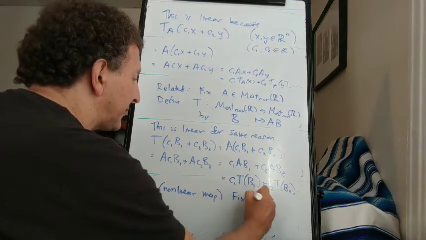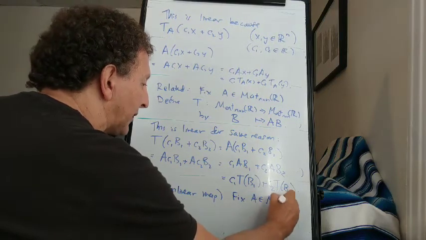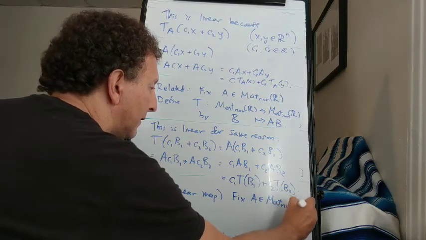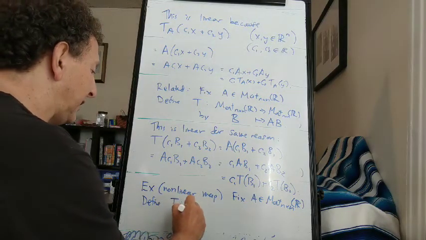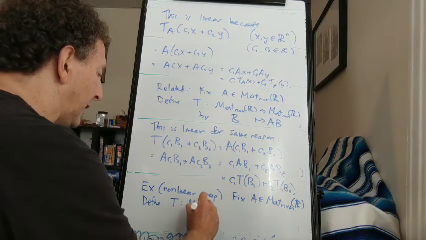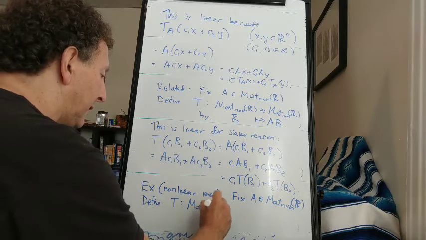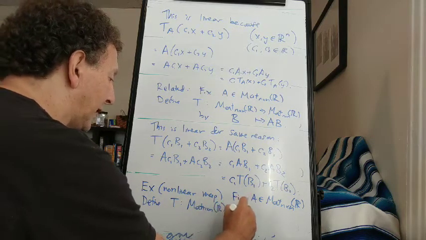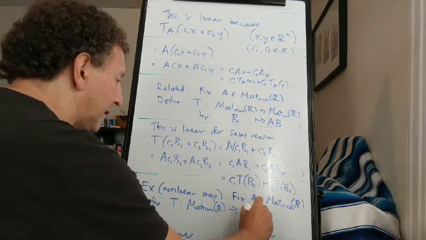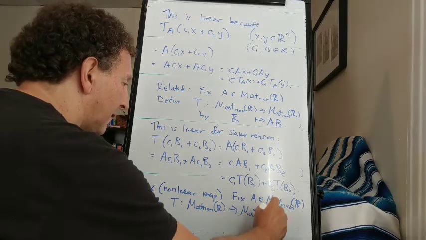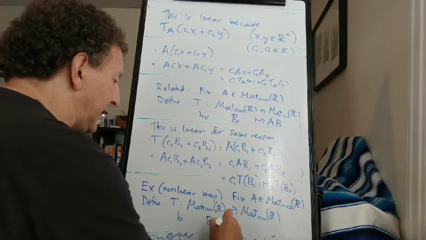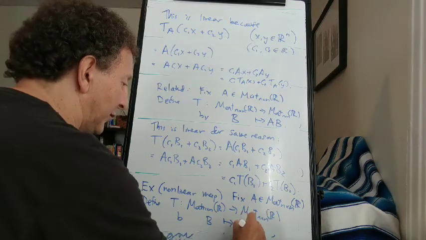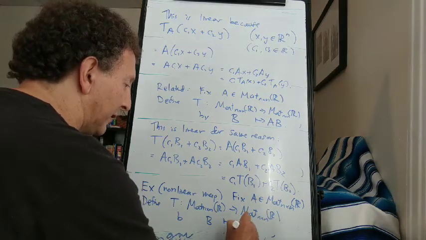And again, we'll fix an n by n matrix A. Let's define a map T from n by n matrices to n by n matrices by taking a matrix B and adding A to it instead of multiplying.